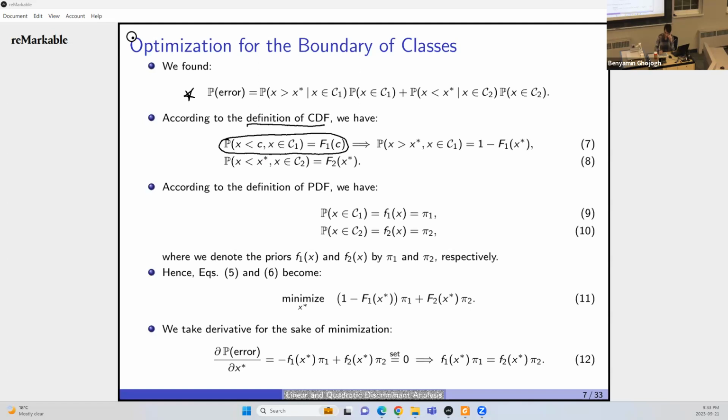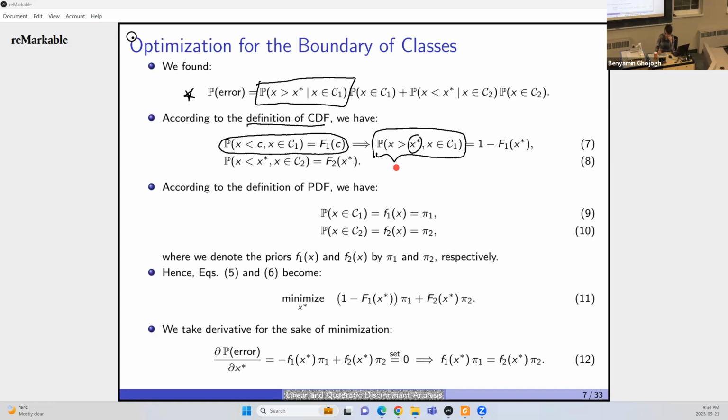Less than C, so I should consider the CDF of the first Gaussian at the point C. Therefore, now I consider this, which has appeared here. Point C is a general point. Now I'm going to use X star as C, okay?